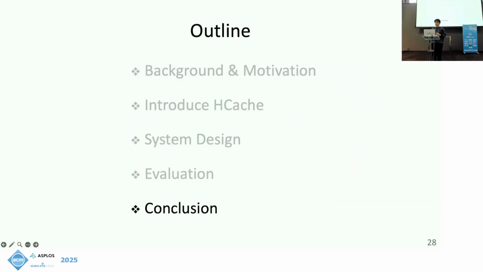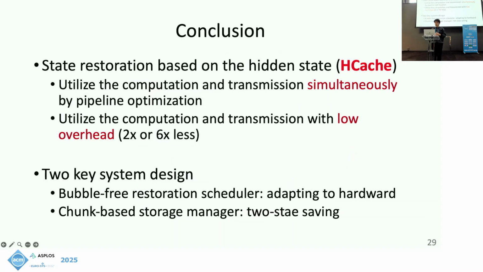Finally, let me make a short conclusion. Our key finding is that we can catch the input of each layer in the model and restore the KV cache by doing the KV projection. This method can utilize both computation and transmission resources simultaneously in the restoration phase with low overhead.